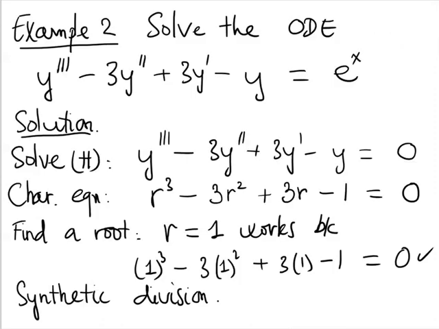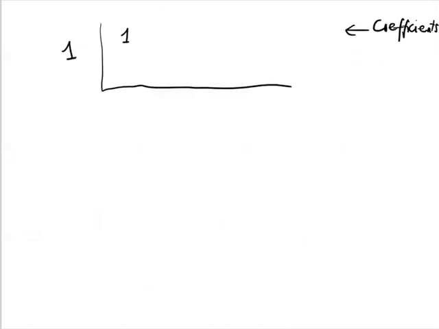The value we have found is 1, and the coefficients we have are 1, negative 3, plus 3, and negative 1. And now use synthetic division.